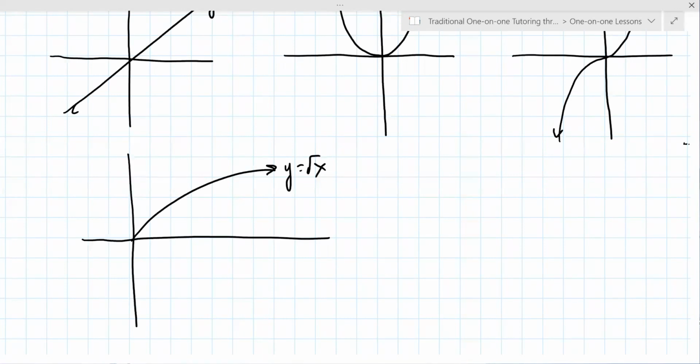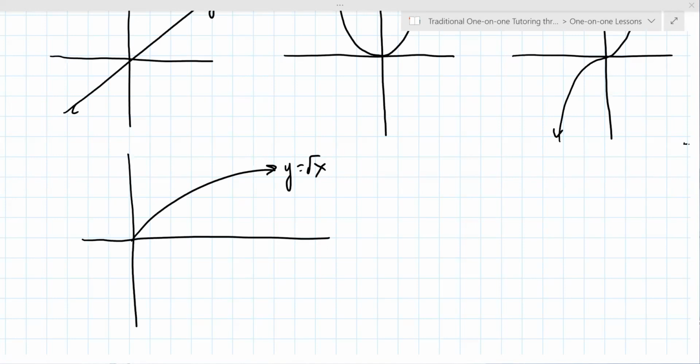Okay. The next topic here is transformations of functions, and it would appear that your instructor may give you a function and ask you to apply the transformations.